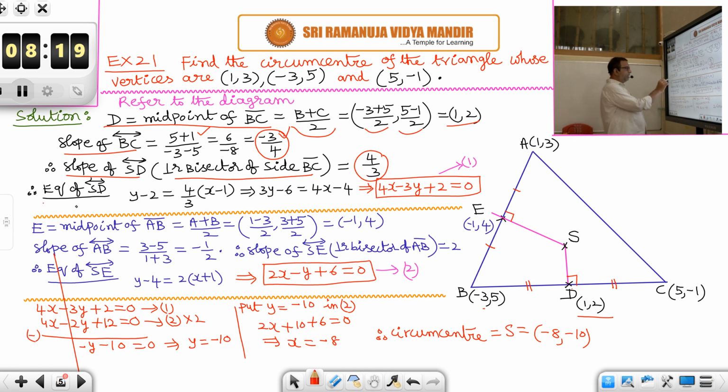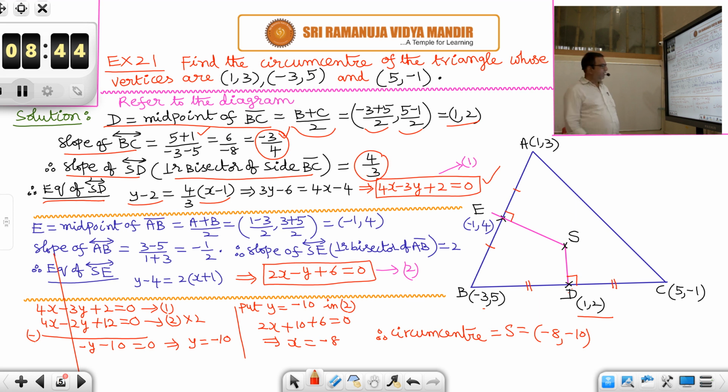Now the equation of SD, in point slope form: the point is D (1, 2) and the slope is 4 by 3. So y minus y1 is equal to slope into (x minus x1). Simplifying, you will get 4x minus 3y plus 2 equal to 0 as the equation of the perpendicular bisector SD.